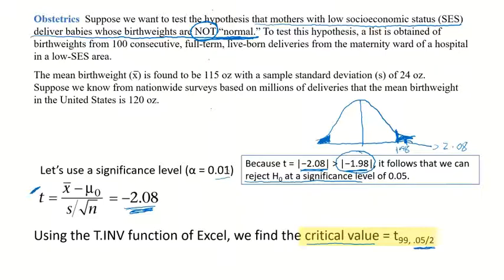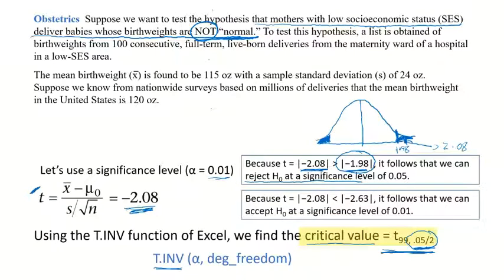But what about at significance level of 0.01? So again, using Microsoft Excel, we input this using the formula T dot inverse. And then instead of 0.05 divided by 2 here, we have 0.01 divided by 2. And let's see what the result will be. That's a negative 2.63.